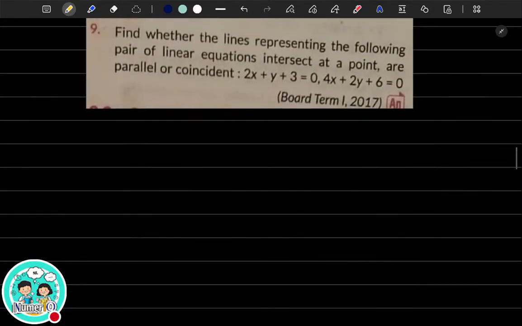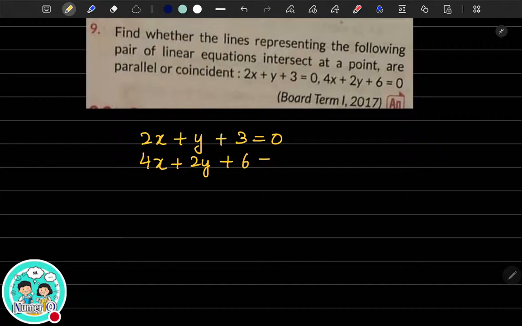The 9th question. You are given a similar kind of question. Find whether the lines representing the following pair intersect, or are they parallel, or do they coincide. Can you find it out? Let me also do it. 2x plus y plus 3 equal to 0. 4x plus 2y plus 6 equal to 0.